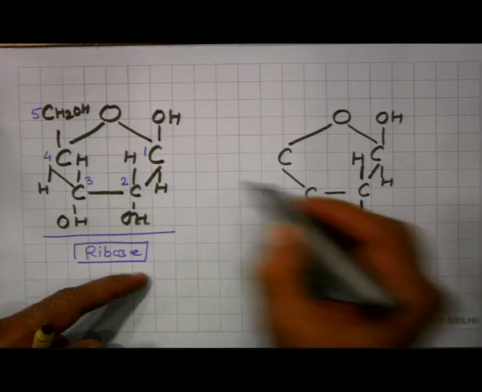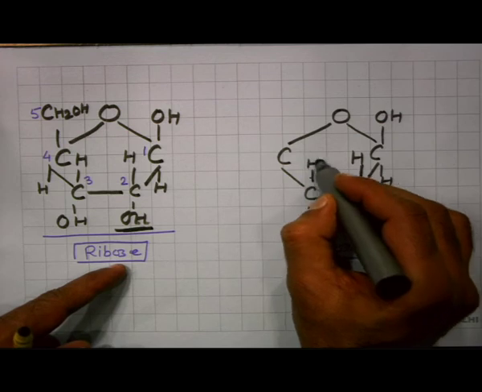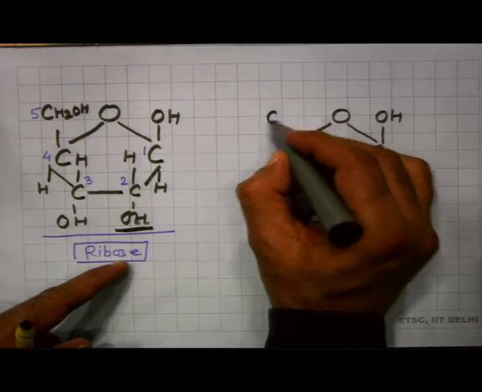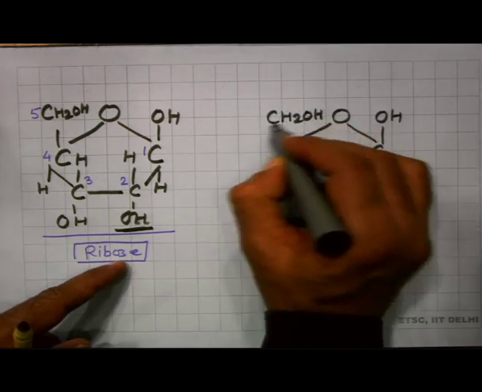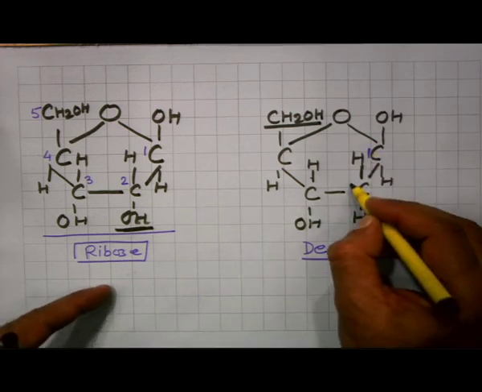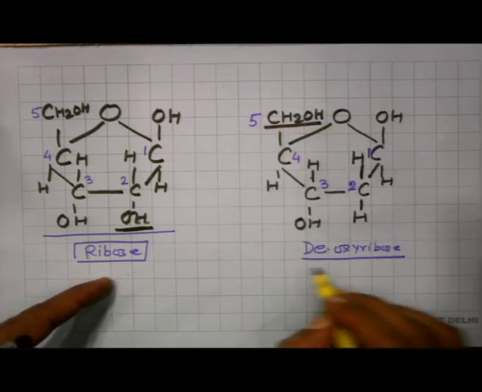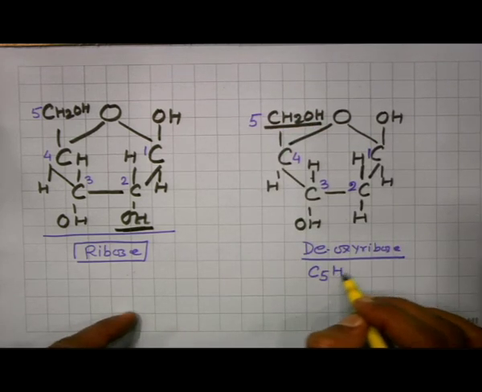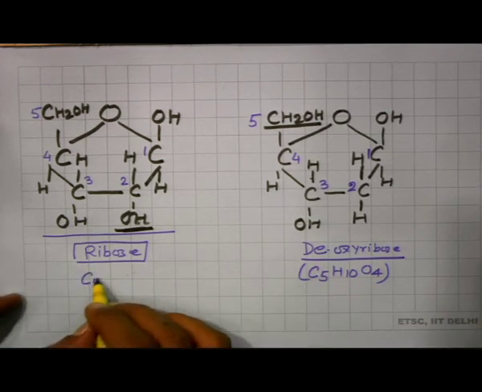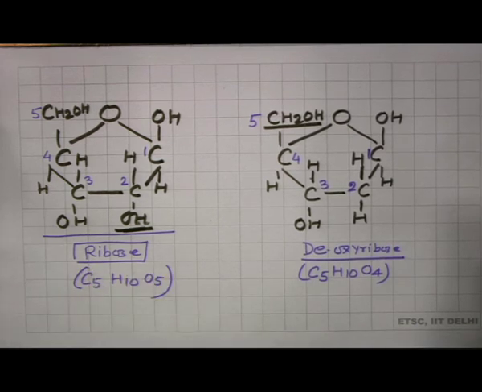So, instead of H OH, here is only H, here H OH, here is H, here is CH2OH. So, this is the structure of deoxyribose, and the formula will be C5H10O4, while ribose is C5H10O5.